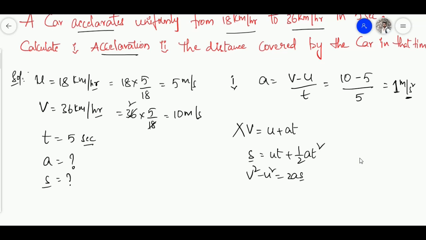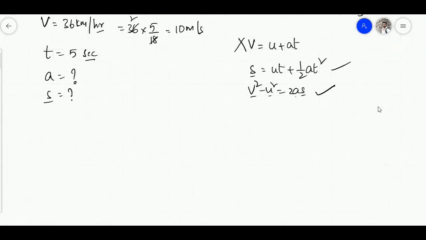Which one can we pick? We have the value of v, we have the value of u, we have the value of a. We have to find s. So you can pick this. You have the value of u, the value of a, and the value of t. So you can pick any one equation of these two. So let's do v square minus u square equal to 2as first.